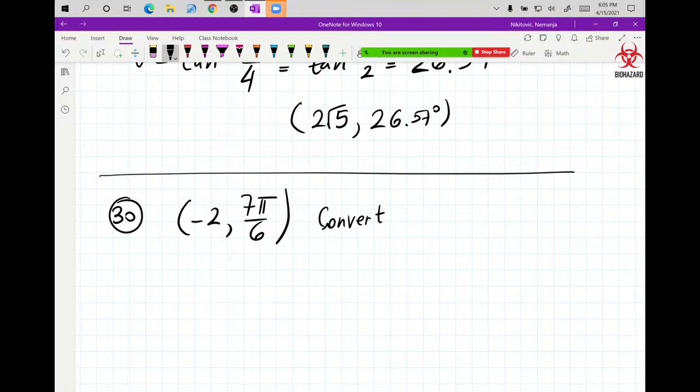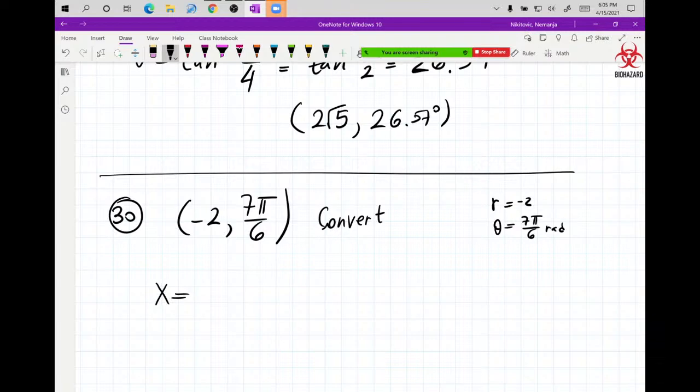And the way we do this is, see, you have r given and you have theta given. So you will use the formulas that calculate x when r and theta are given.